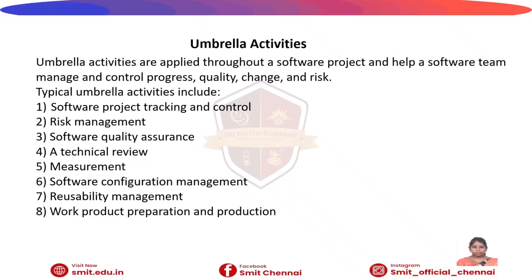Software configuration management manages the effect of changes throughout the software process. Reusability management defines the criteria for reusing work products and the mechanisms to achieve reusable components. The last is work product preparation and production, which encompasses the activities required to create work products such as models, documents, logs, forms and lists.